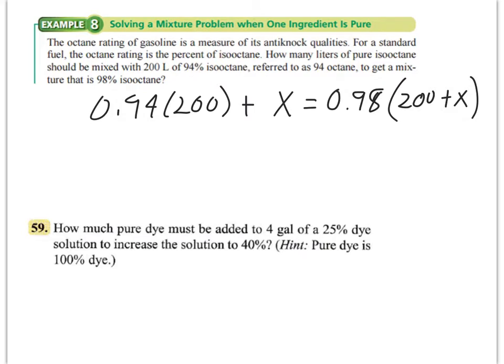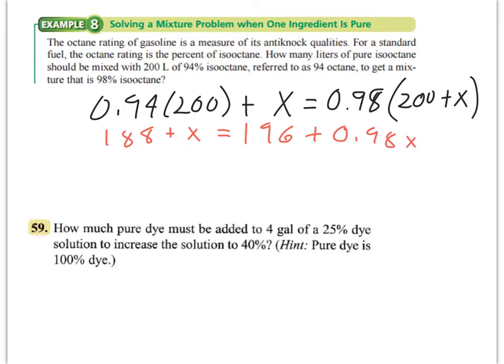Again, you could multiply by 100, but being that the 94% of 200 and 98% of 200 work out to be such nice numbers, I'm not going to bother with that. So I would just use the decimals. So we get 188 plus x equals 196 plus 0.98x.